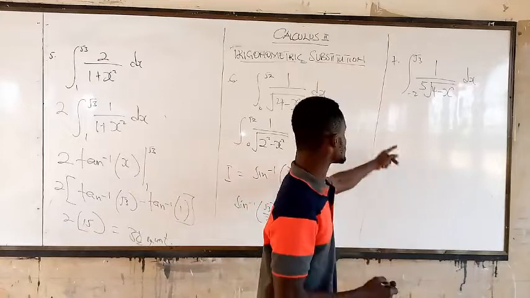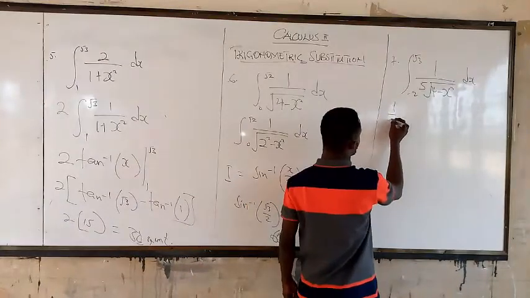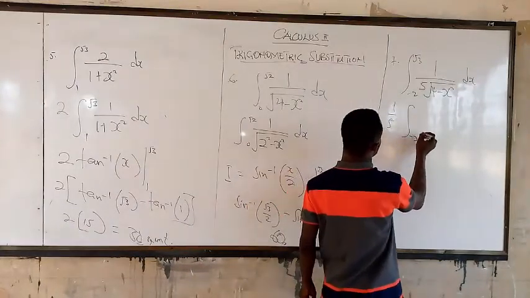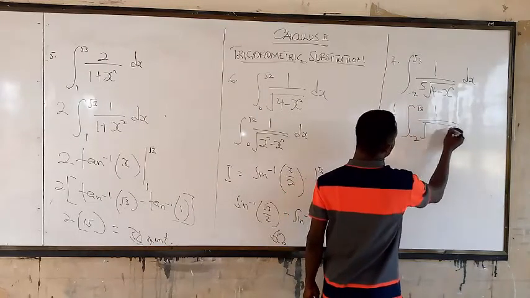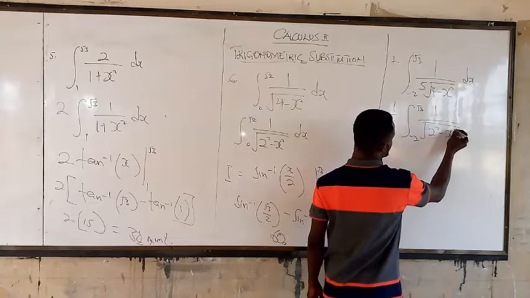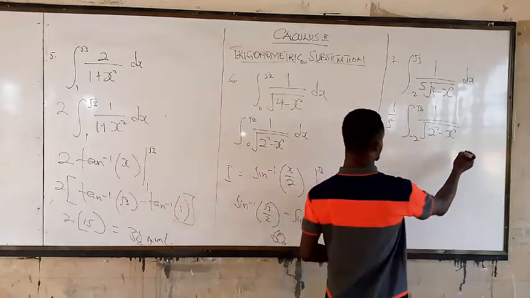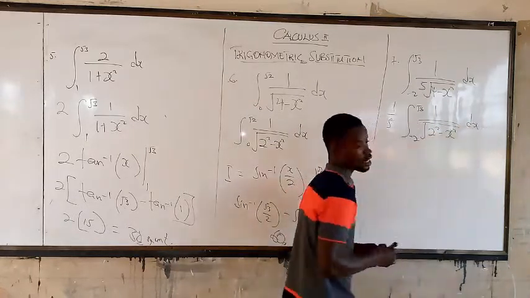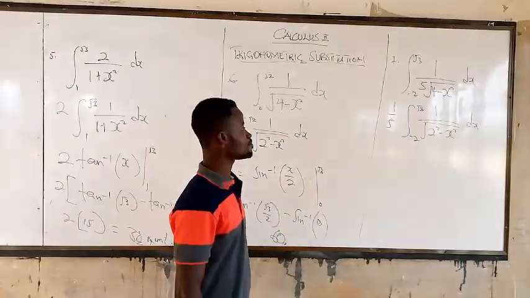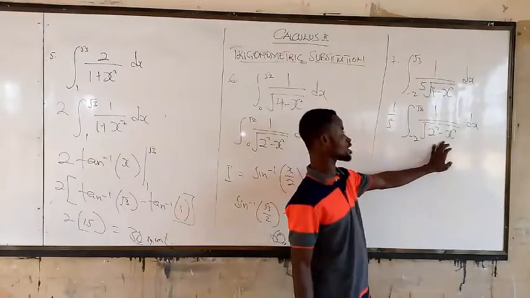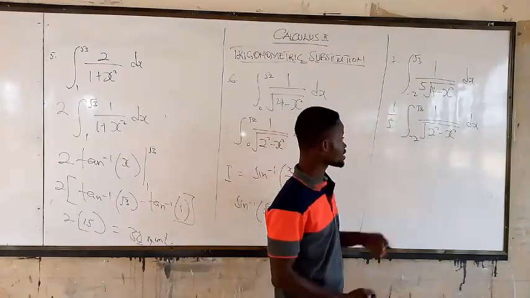So with this, we can rewrite this as 1 over 5 times the integral from negative 2 to square root of 3 of 1 over the square root of 2 squared minus s squared ds. And what we have here is a constant squared minus a variable squared, which is a sine inverse.